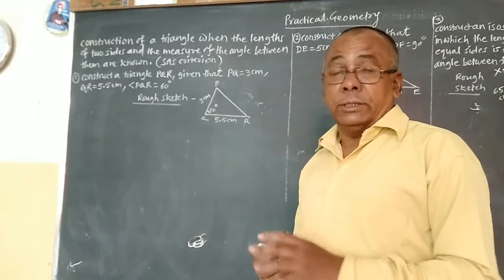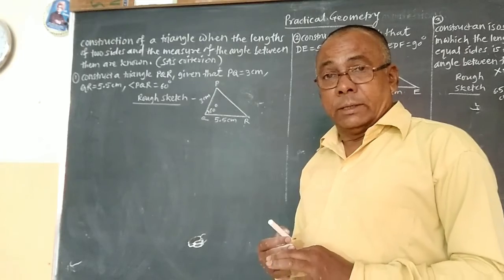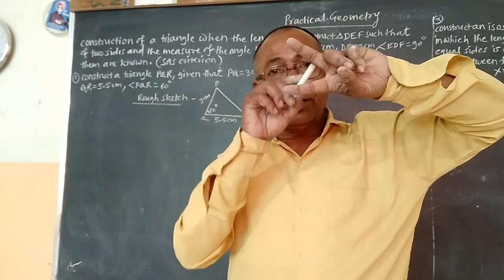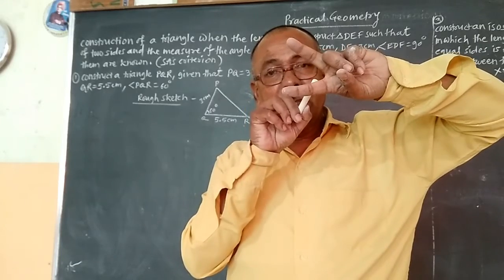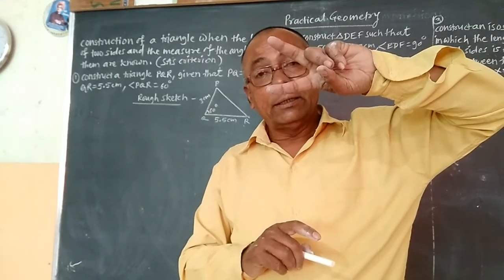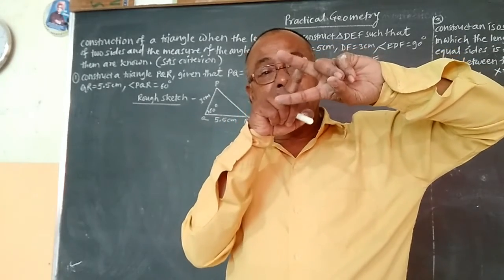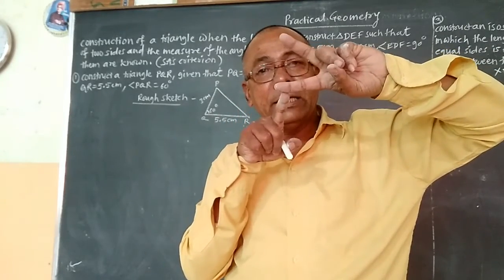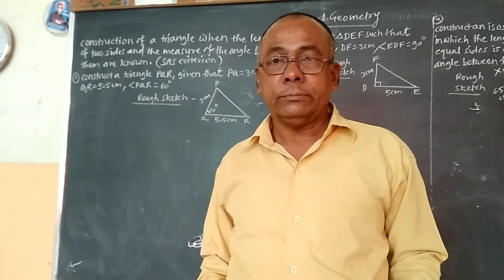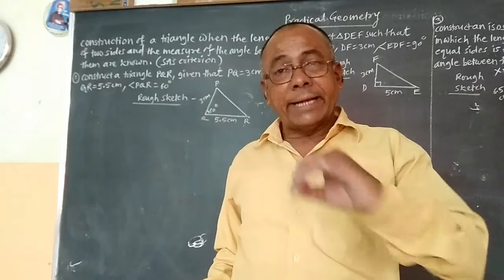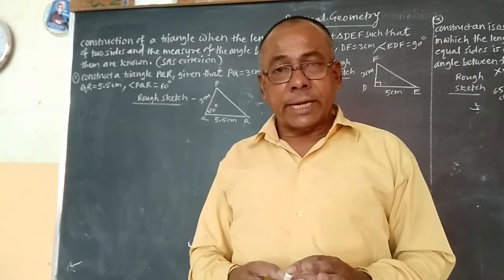Means if the two sides and their included angle are given, then we can say that the criteria is side angle side, that is SAS criteria. So according to side angle side, we have to construct the triangles.